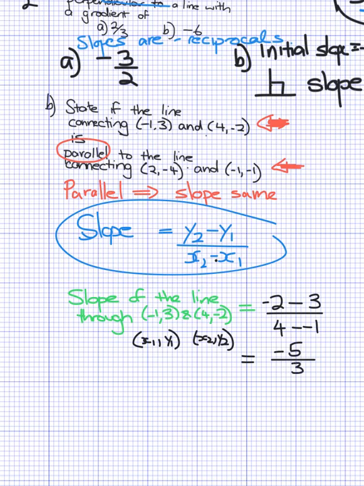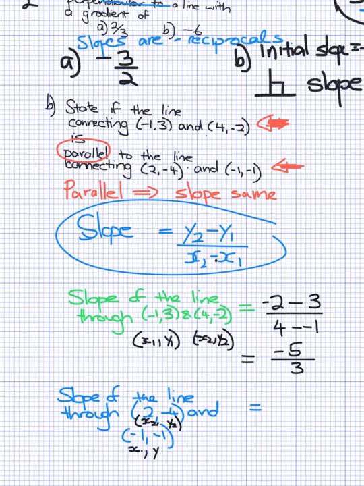Then I'm going to write, and I'm not going to use green because you can't see it. I'm going to find the slope of the line through the other 2 points. And the other 2 points are 2, -4, and -1, -1. So again, I'm going to make sure that I write x2, y2, just so I don't make mistakes, and x1, y1.